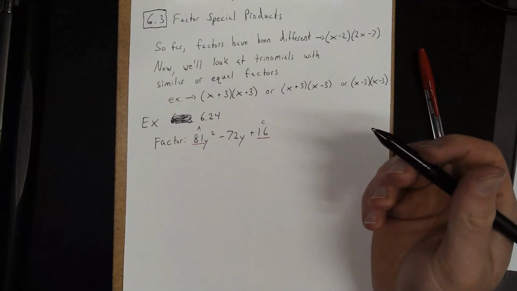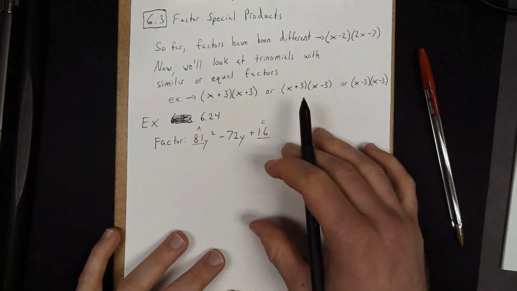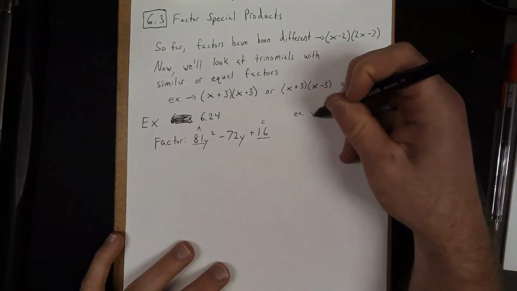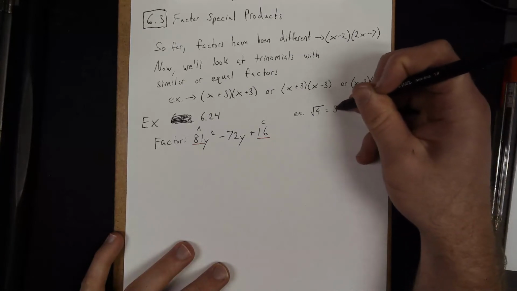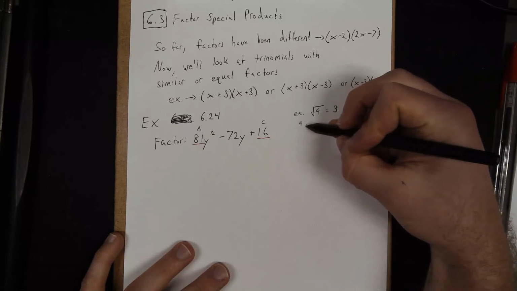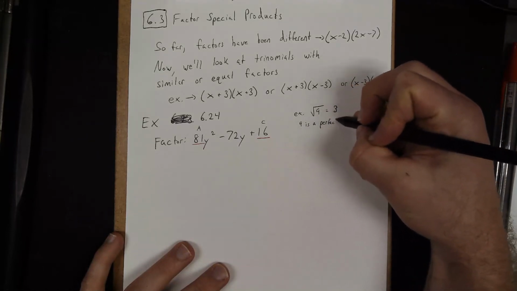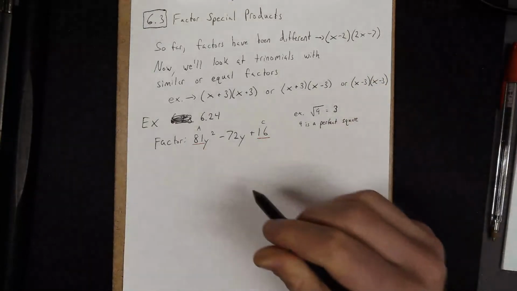So what is a perfect square? Well, a perfect square is any number with a whole number square root. For example, if I took the square root of 9, that would give me 3, and 3 is a whole number, so I would say 9 is a perfect square. Okay, back to the problem.